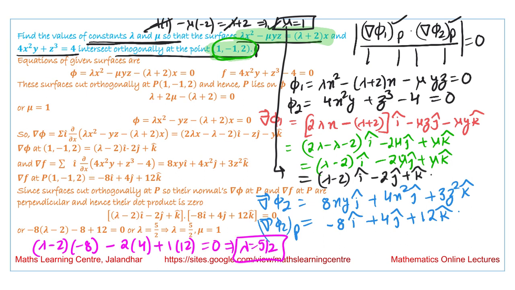So we have obtained the values over here: lambda is equal to 5 by 2, and mu is equal to 1. These are the required values of lambda and mu.